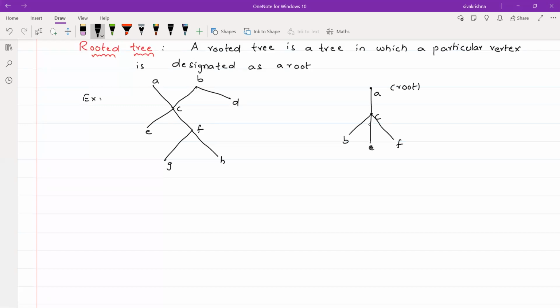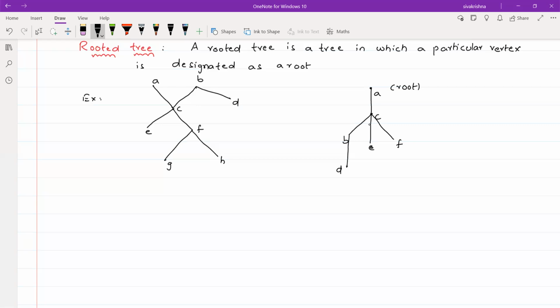Okay, so coming to the next vertex, B. If you observe B, we are having two edges incident on B. One is from B to C, that we have already drawn, and now we have to draw an edge from B to D. So this is the edge from B to D. Okay, coming to the next vertex, that is E. If you observe E, we are having only one edge incident on E, that is from E to C, which we have already drawn.